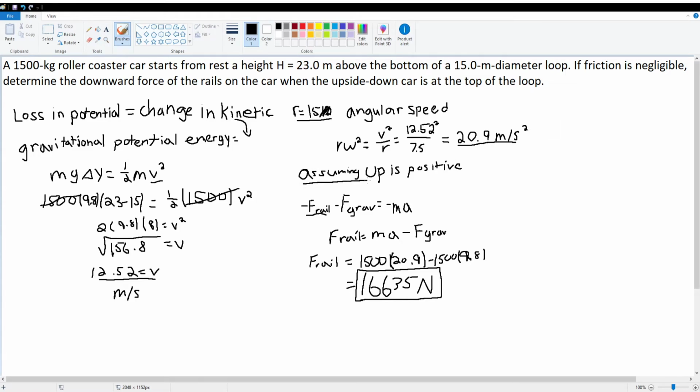If we assume that up is positive, then negative F rail, because the force of the rail is down, minus F grav, because the force of gravity is down, and technically it'd be negative F rail plus negative F grav.